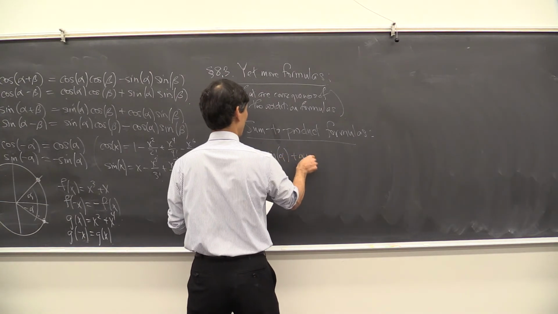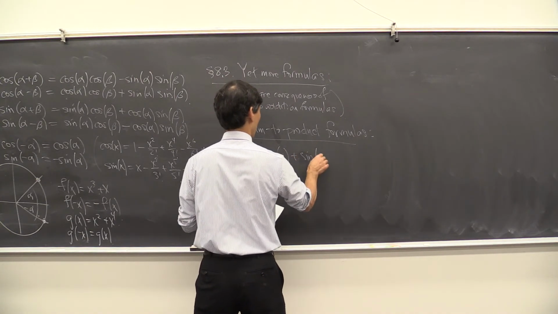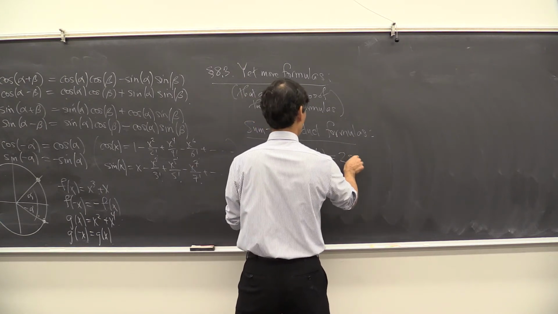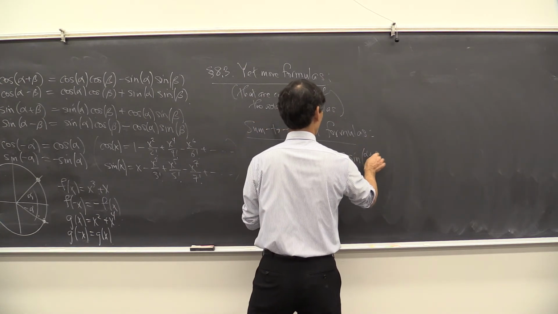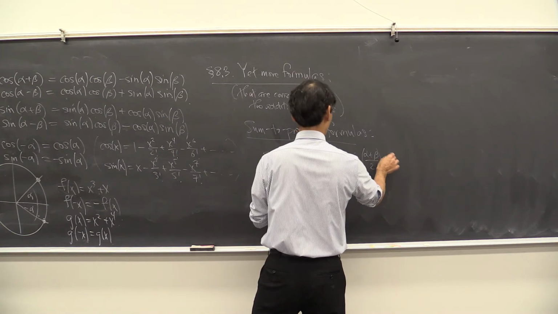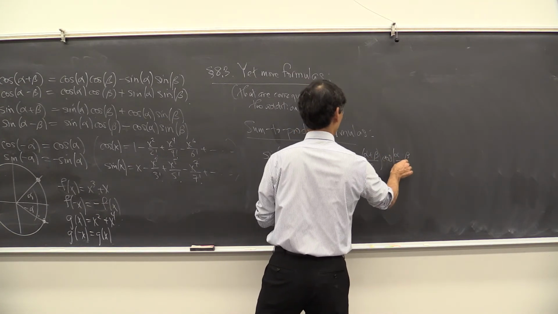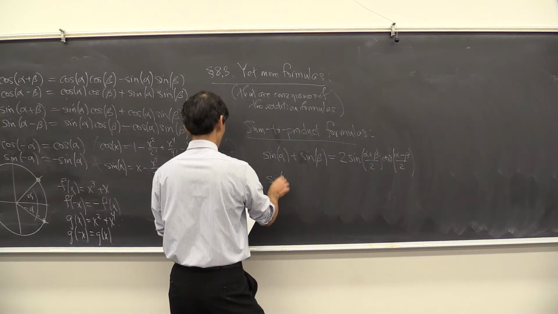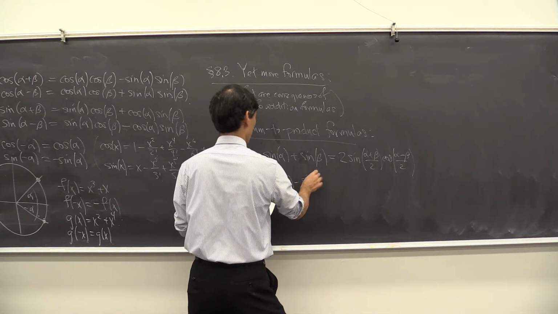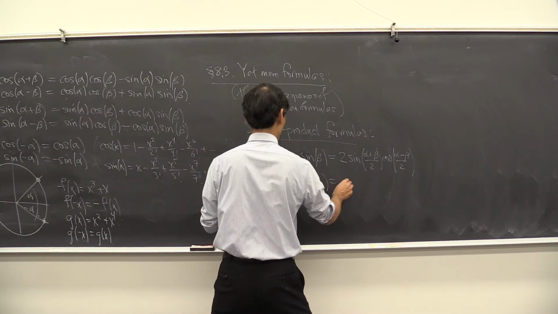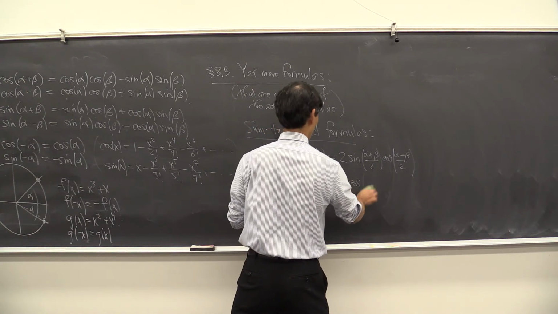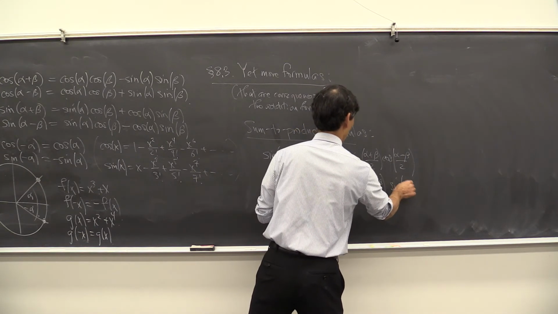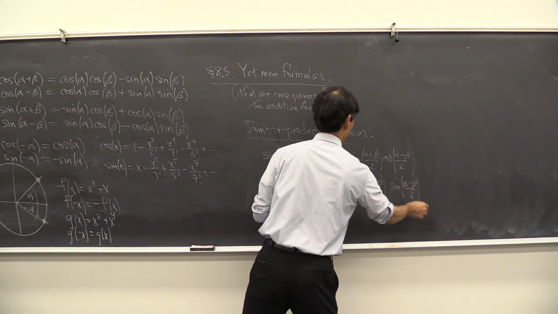If you have sine alpha plus sine beta, it actually is 2 sine alpha plus beta over 2 cosine alpha minus beta over 2. Sine alpha minus sine beta equals 2 cosine alpha plus beta over 2 sine alpha minus beta over 2.